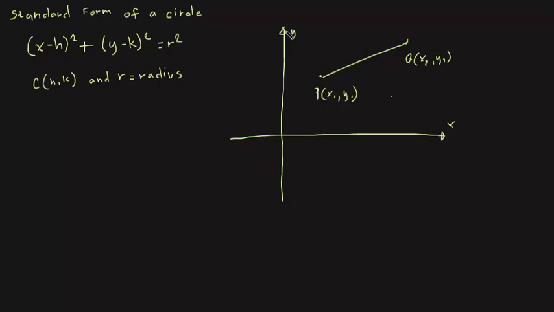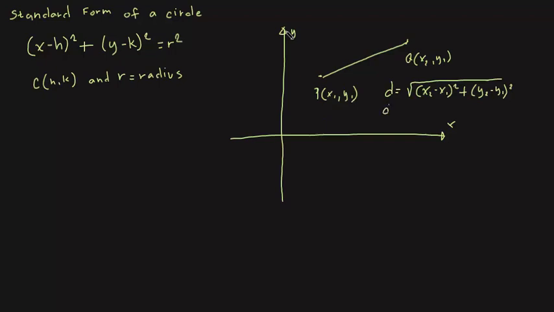If you remember, the distance formula is the change in x, so this will be the square root of (x₂ - x₁)² + (y₂ - y₁)², and that will be the distance.